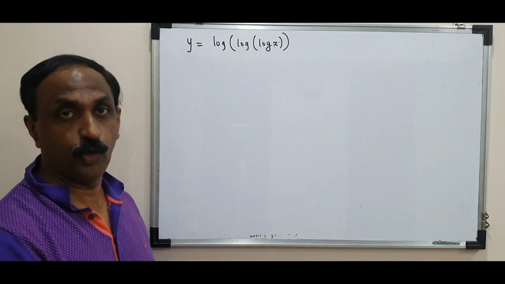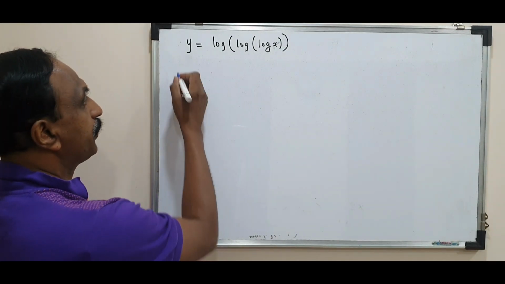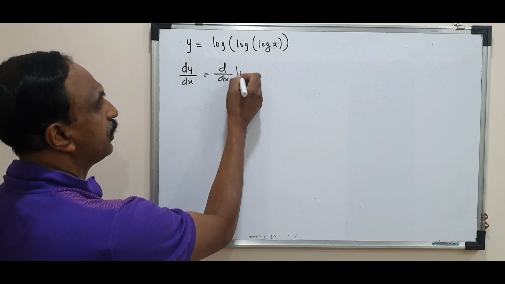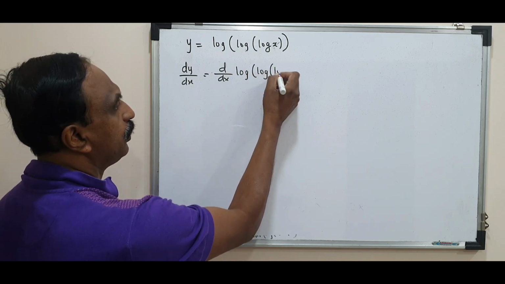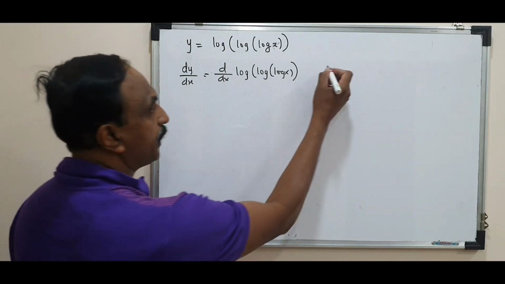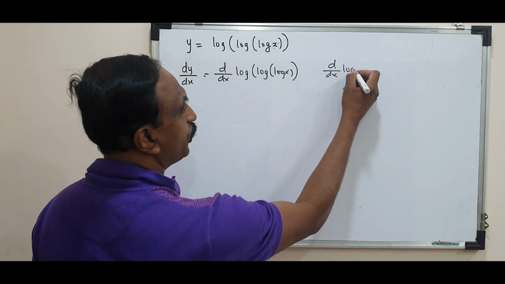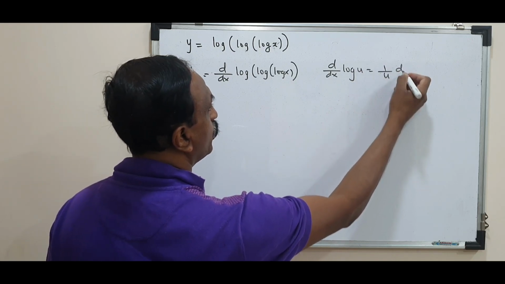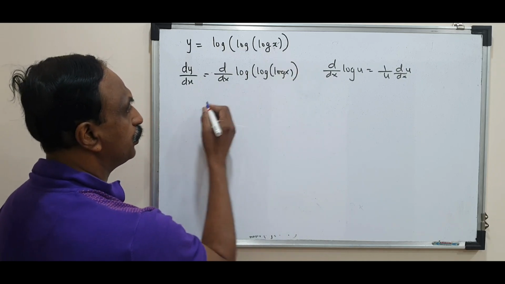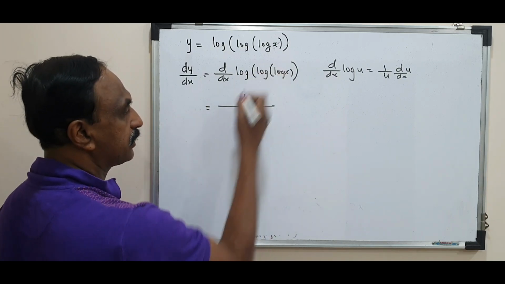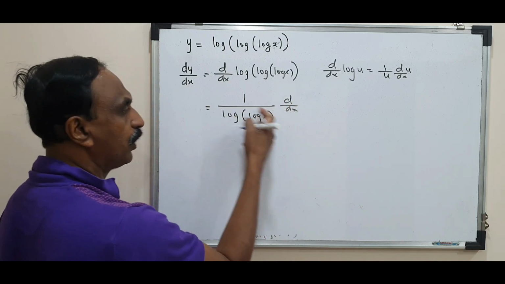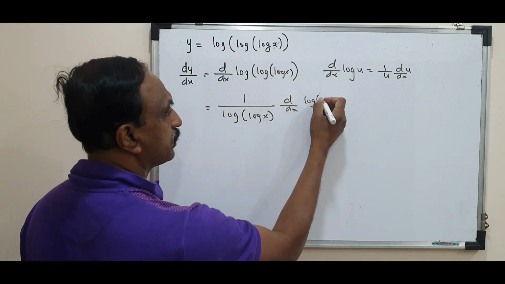Derivative of log of log x. Remember, differentiating with respect to x, d by dx of log of log x. So what is the outside function? Log. Remember, the derivative of log u is 1 by u into the derivative of u. So the bracket is your u. 1 by the bracket, log x, into the derivative of whatever you write down, log x.